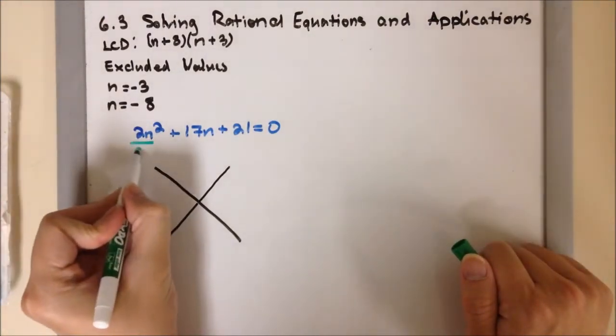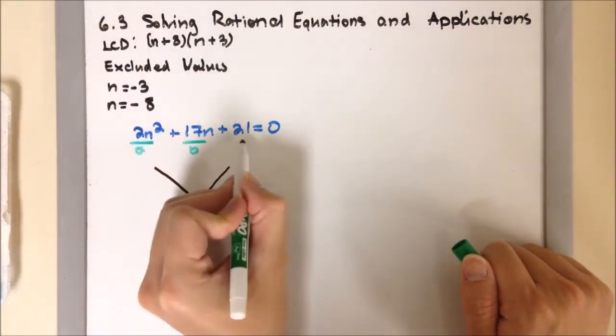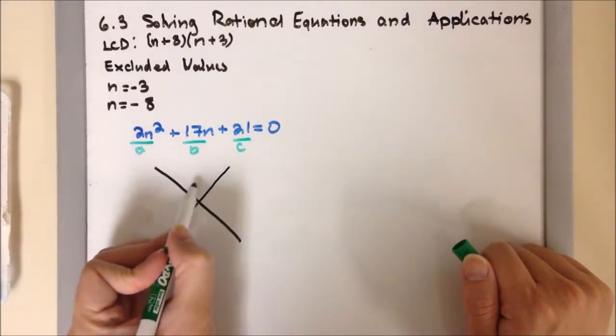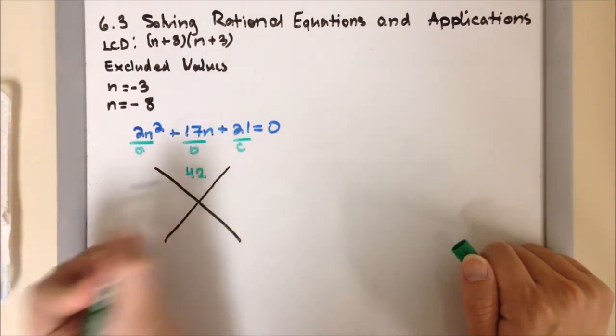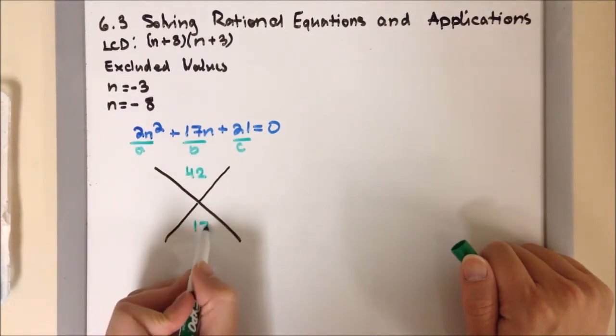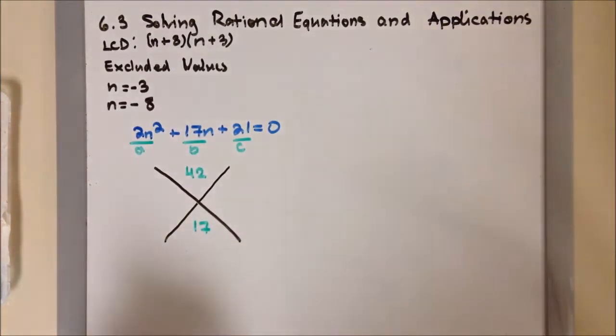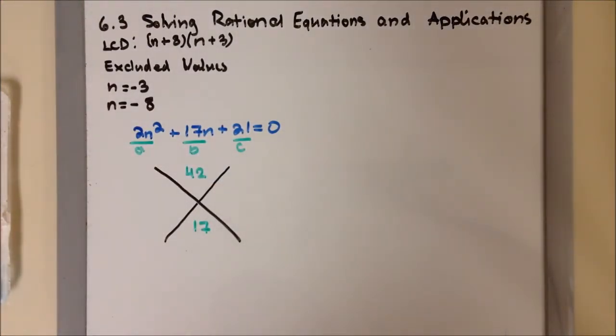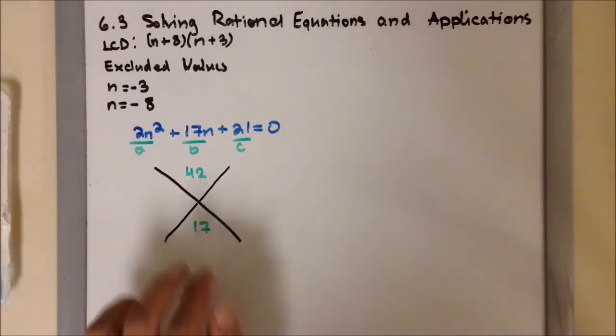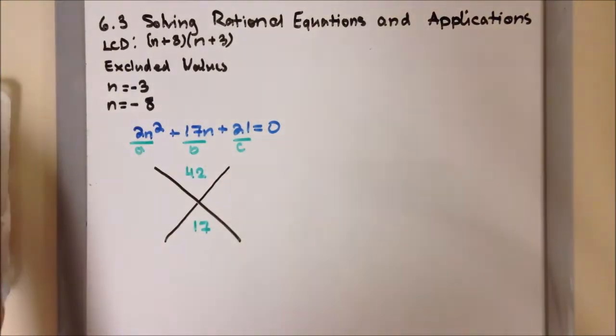But, let me write it out. A, B, and C. So the top A times C, 2 times 21, which is 42, and the bottom is 17. Alright, you gotta figure out what factors multiply into 42, and then the factors sum to 17.